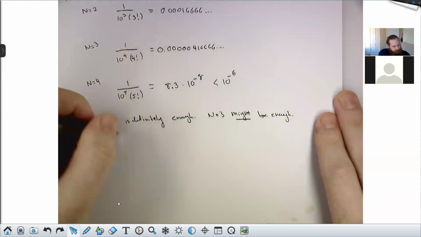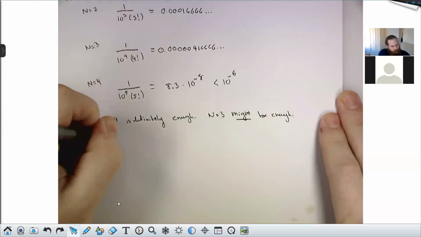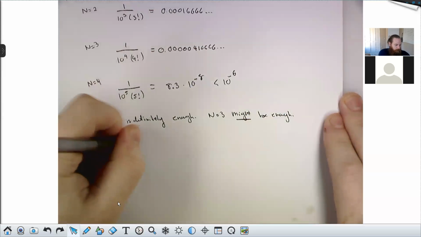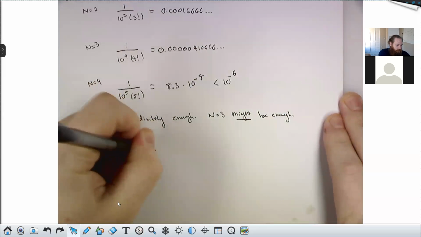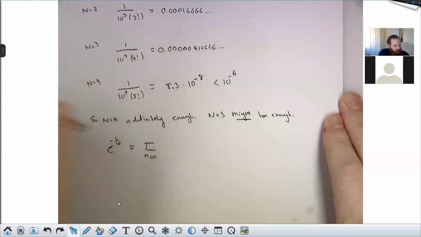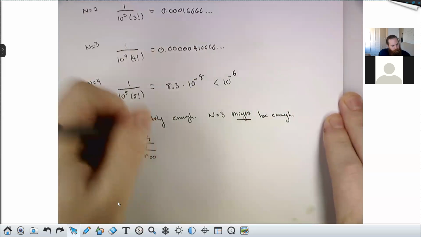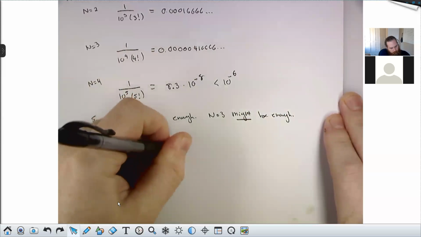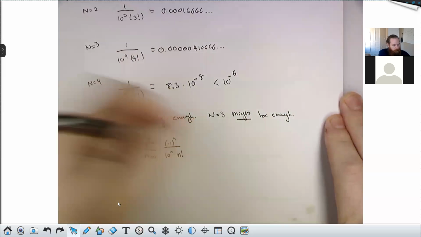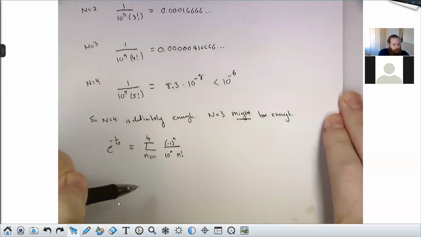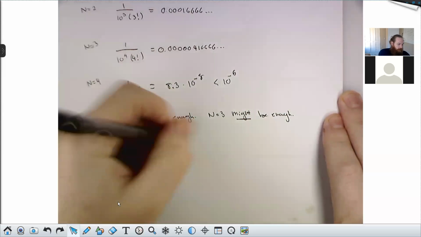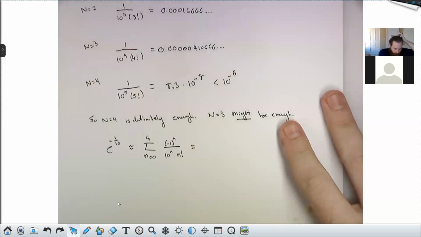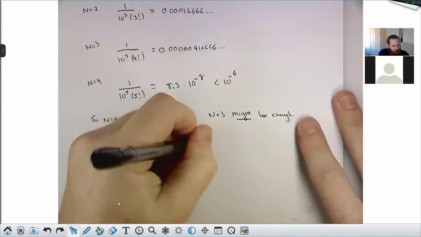We want to calculate e to the negative 1/10. This should be approximately equal to the sum from n equals 0 to, I'll go ahead and use the 4 because we know it's safe, negative 1 to the n over 10 to the n times n factorial. Now the sum from 0 to 4, rather than going all the way out to infinity. And this I can write out just to give us a feel for what's going on. Negative 1 to the 0 over 10 to the 0 times 0 factorial, that's 1.